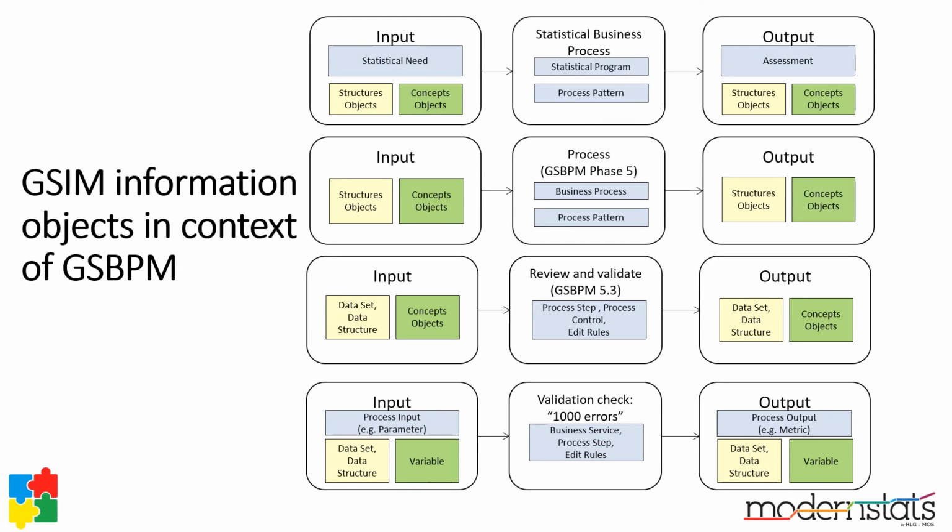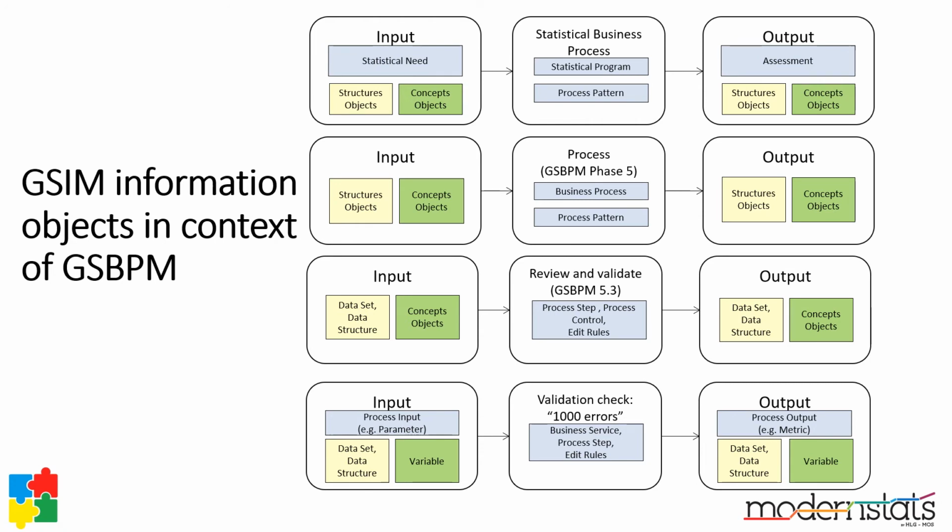And I know that this year there is a task force that has been looking at the GSBPM phase 5, the process phase, and they've been looking at which information objects are relevant in that process and what information objects are supporting the process and what is coming out of the process.